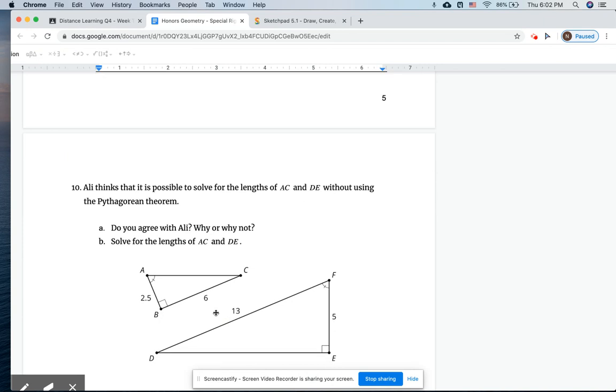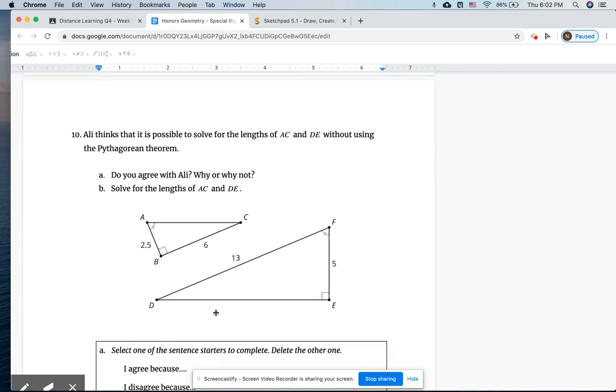And then finally, in this last problem, the only hint I want to give you is that if you look at the angles of both of these triangles, you will see that they are similar by angle-angle similarity. In this triangle, you're given both of the legs of the right triangle, and you're not given the hypotenuse.